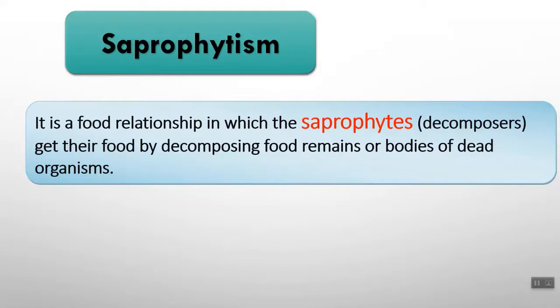Saprophytism is the food relationship in which the saprophytes or decomposers get their food by decomposing food remains or bodies of dead organisms. What is the meaning of saprophytes or decomposers?